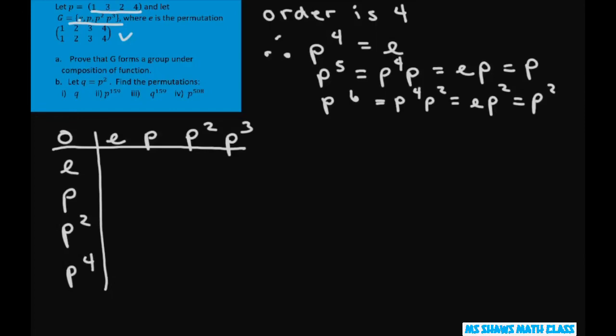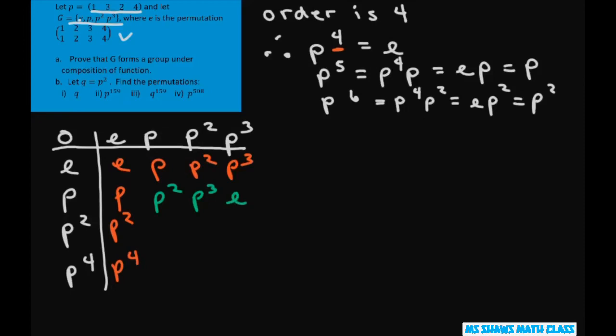Now remember, our order is 4 here. So when you fill this in, you're going to get E, P, P squared, P cubed. And copy this down, P, P squared, and P to the 4th. So P times P is just going to be P squared. This is going to be P cubed. And P to the 4th goes here, but we know P to the 4th is E.